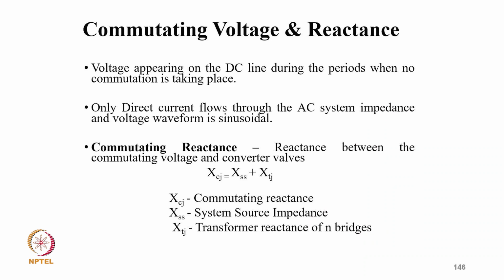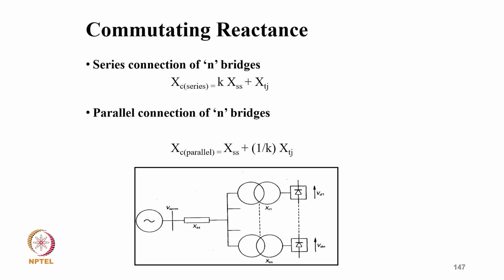So commutating voltage and reactance: the voltage appearing on the DC line during the period when no commutation is taking place, with only direct current flowing through the AC system impedance, the voltage waveform is sinusoidal. The commutating reactance, the reactance between the commutating voltage and the converter valve, is XCJ equal to XS plus XTJ, where XS is the system source impedance and XTJ is the transformer reactance of N bridges.